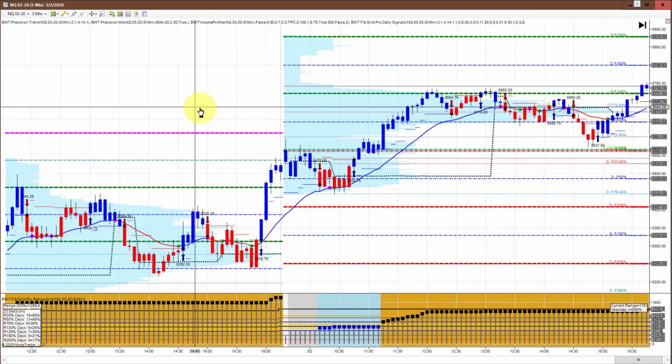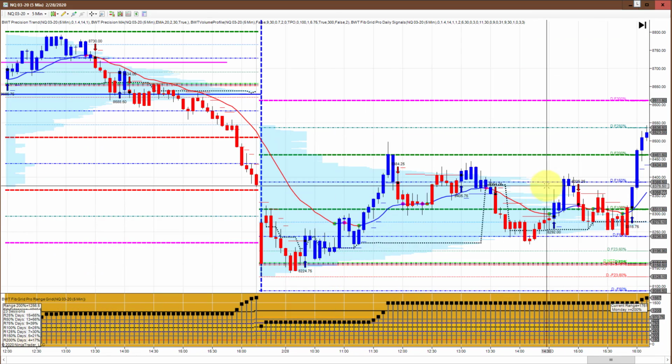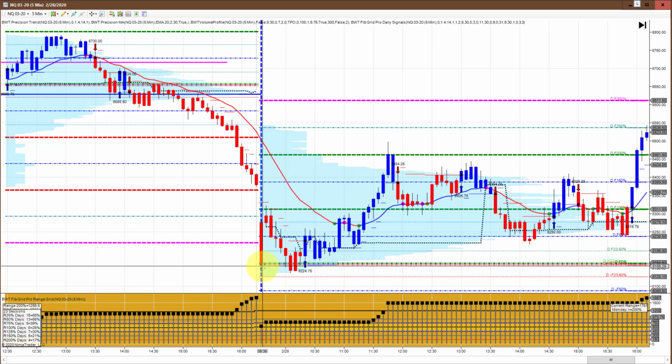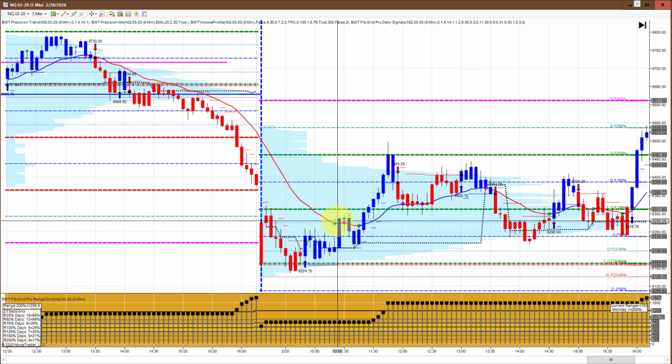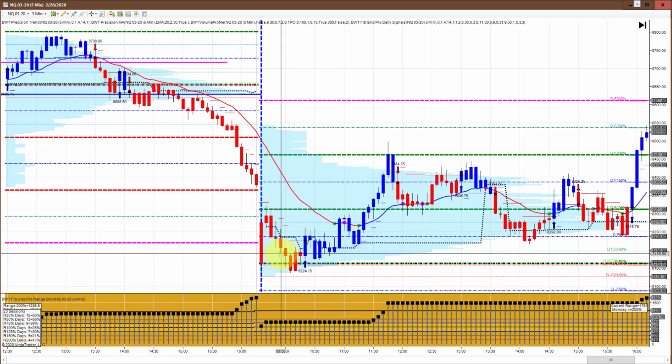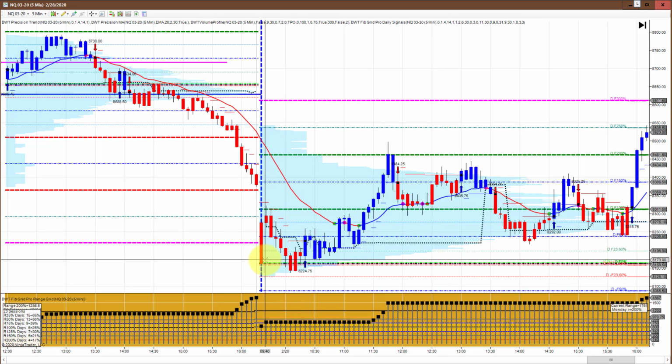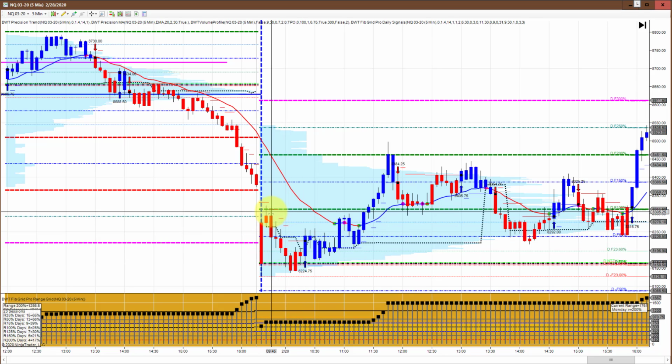Let's go back another day. Here's your open down here. Here's 200% of the range, 300% of the range. What did the market do? Right up to 100% of the range, right here.